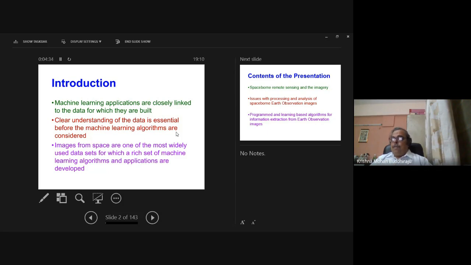Of course, this would have been much more appropriate on the first day, but assuming that at least some of you are new to this field of remote sensing and its applications, maybe a slight repetition would reinforce your understanding of the domain from which the images are collected.